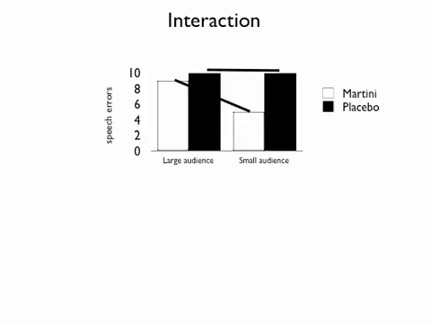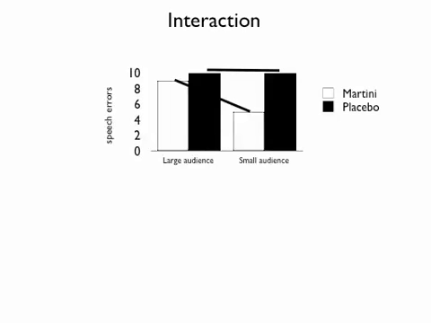Let's take a look at the main effect of audience size. If we average across the martini and placebo groups, people addressing a small audience make 10 errors in the placebo group and around 5 errors in the martini group, so 7.5 errors is about how many errors the small audience group makes.